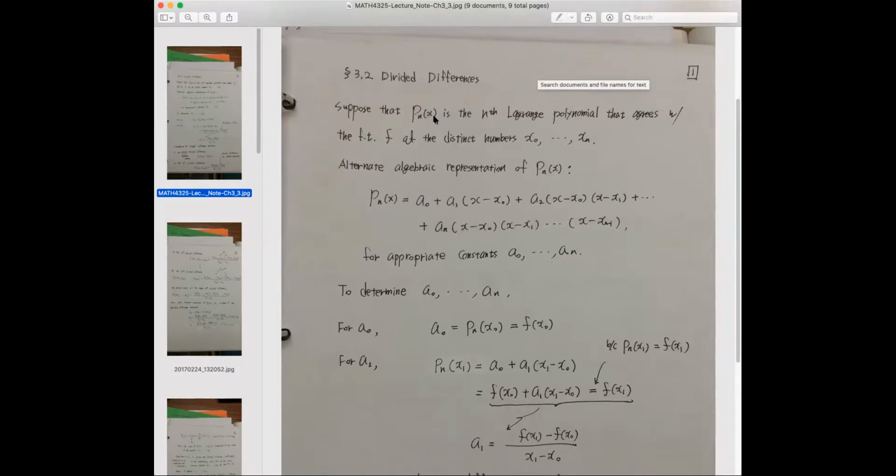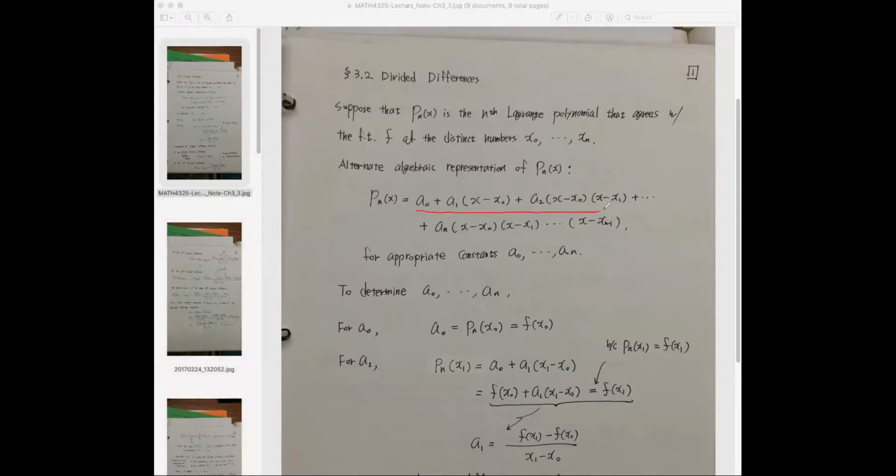Suppose that P of x is the nth Lagrange polynomial that agrees with the function f at the distinct numbers x0 to xn, and we want to express the Lagrange polynomial like this. It's called the algebraic expression. This is an alternative algebraic expression.